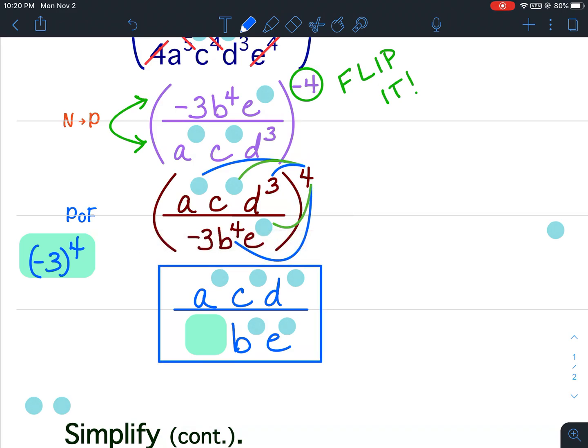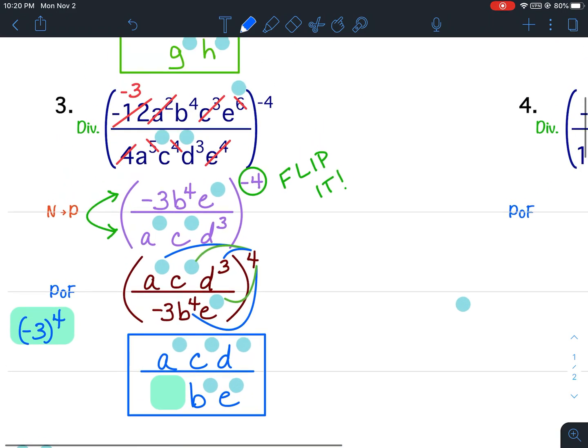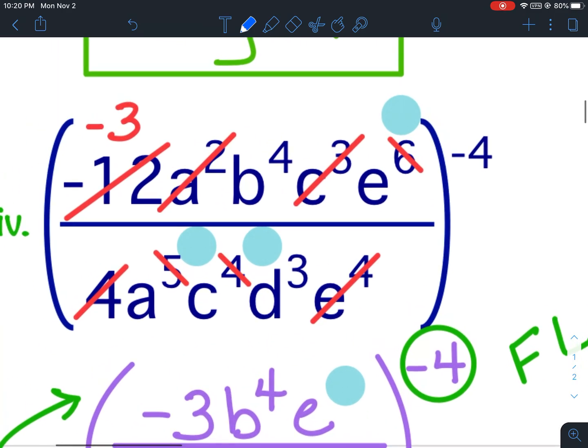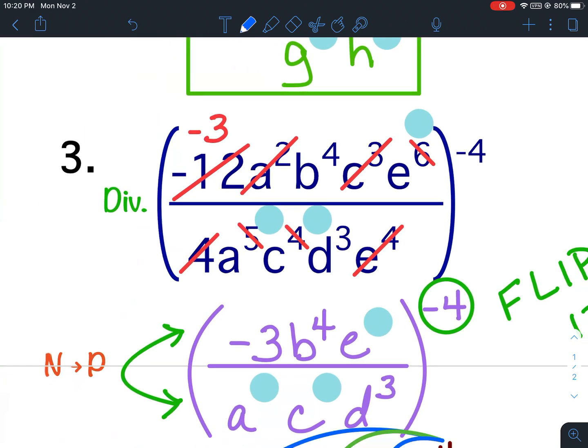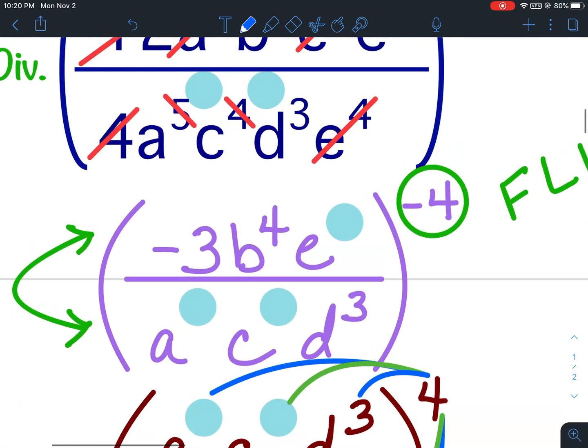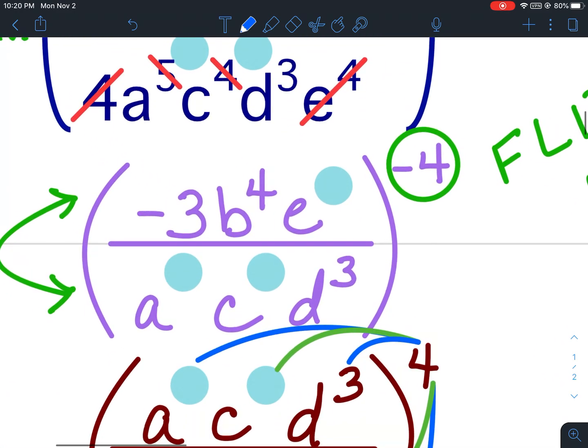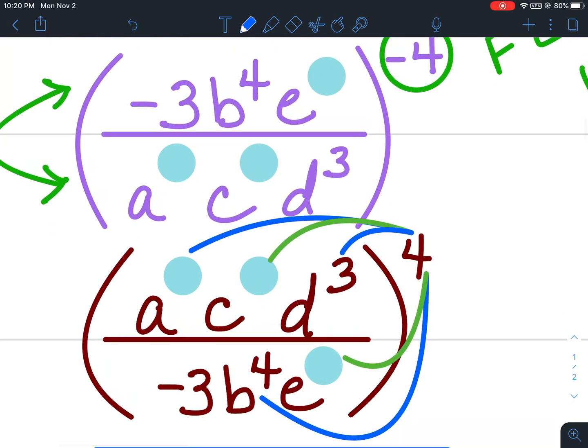So let me back it up real quick. First of all, up here, you had to subtract to find the new exponents. For E, 6 minus 4, and so forth. Then here, you're just rewriting it. So we flipped it. When we flipped it, whatever was in the denominator moved to the numerator, and whatever was in the numerator moved to the denominator.